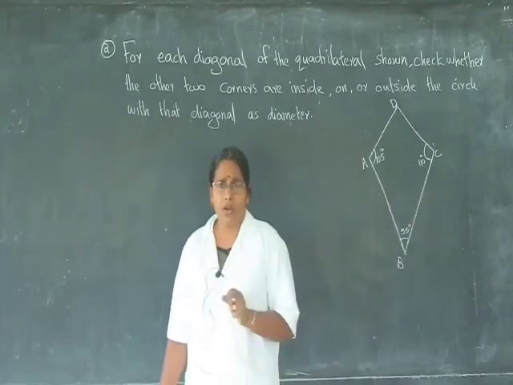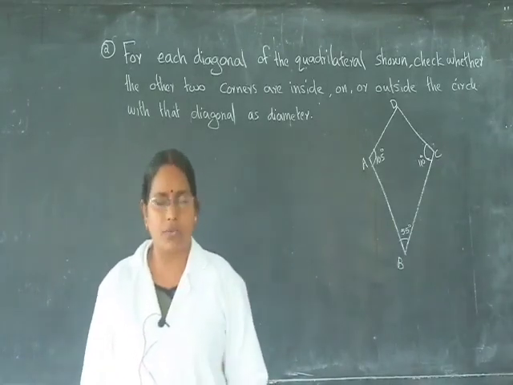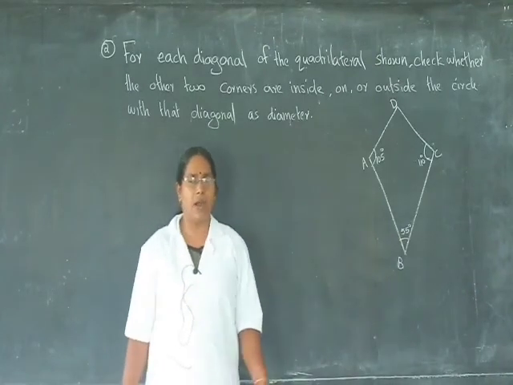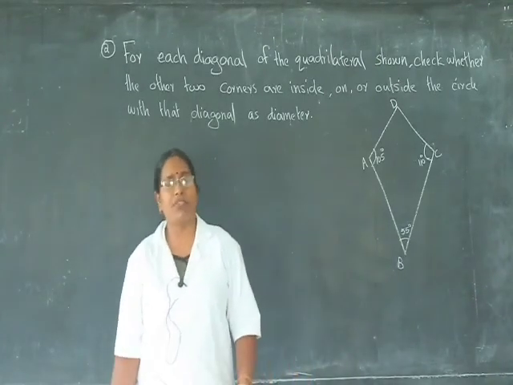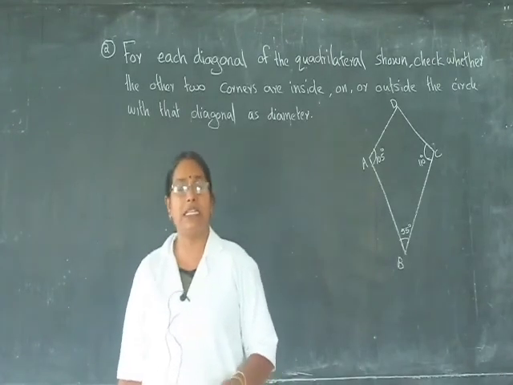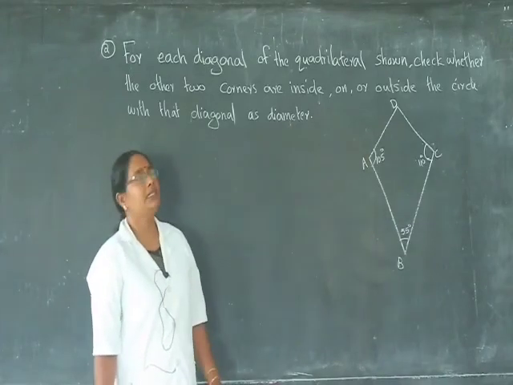In this quadrilateral, 3 angles are given. Find the 4th angle. You are studying in lower class. The sum of the angles of a quadrilateral is 360 degrees.